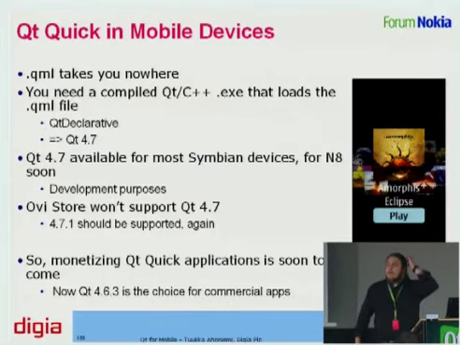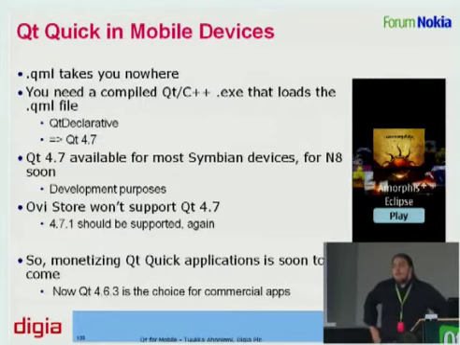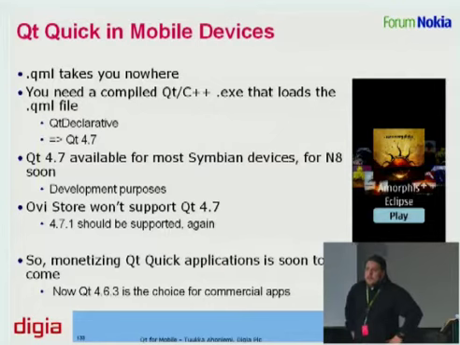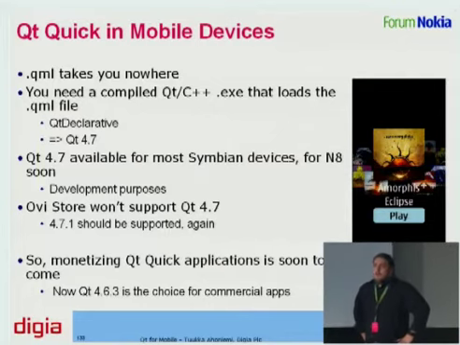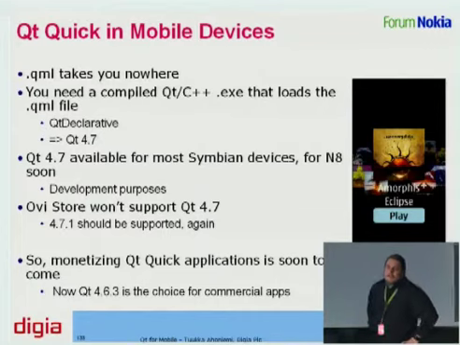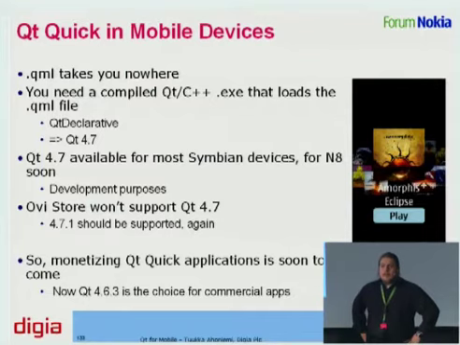Even later, when 4.7 is available for Ovi Store, even then, if you're not using Qt Quick, you should compile for 4.6. Two reasons. First of all, why would you want the end user to download Qt 4.7 if he does not need it, if he already has 4.6 there?